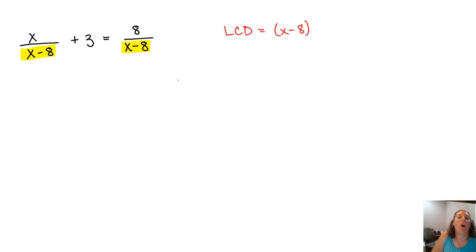We need to multiply all of those by x minus 8. Make sure that you multiply every piece of our equation, including the 3. Even though it doesn't have the fraction, it needs to get multiplied by that x minus 8 as well.